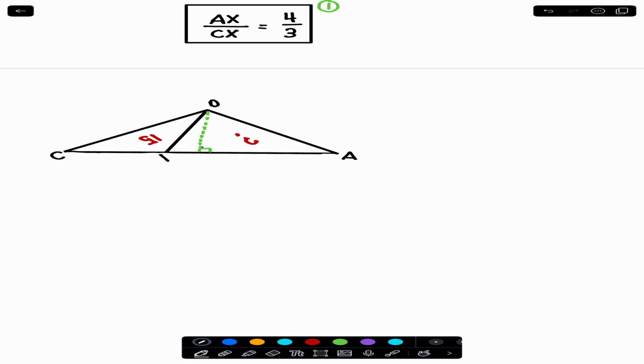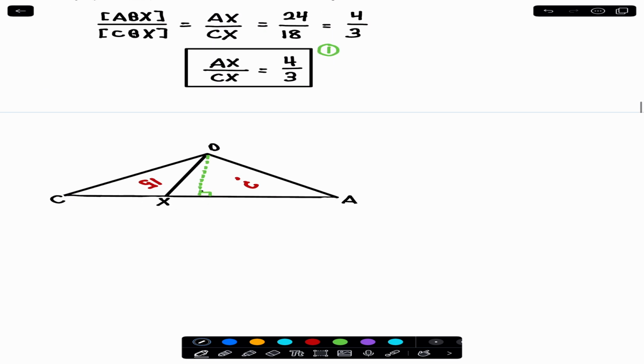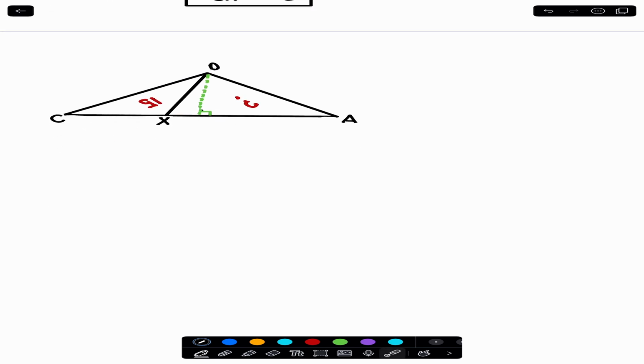So this is X. Okay, this time, I hope you see two triangles within this triangle. I hope you see triangle ADX, and I hope you see triangle CDX. I also hope you see that they both share this altitude.